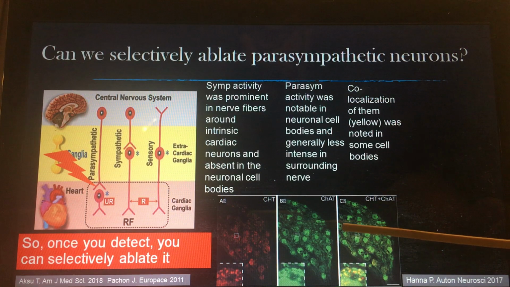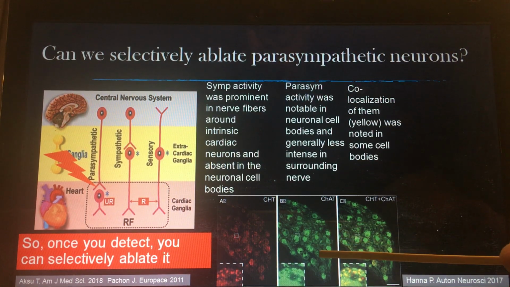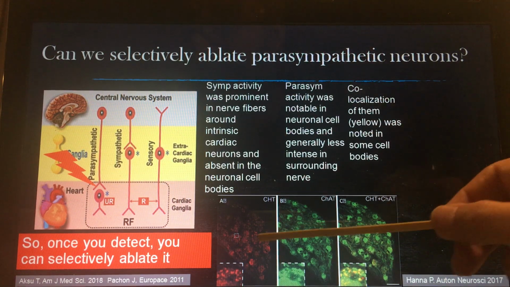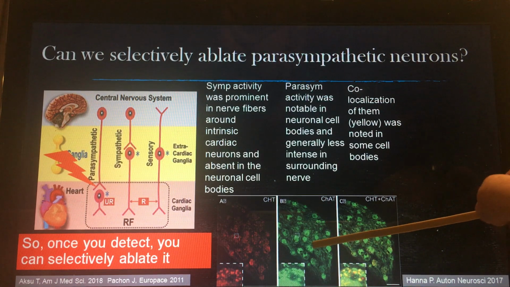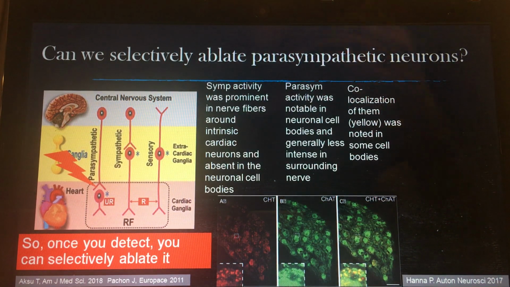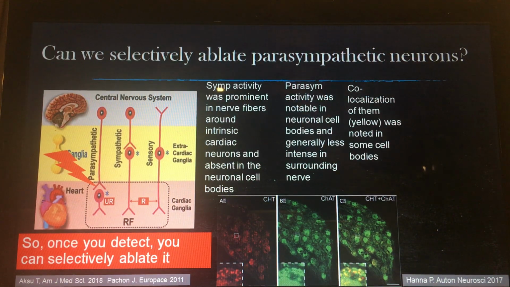Recently, this paradigm was confirmed by Hanna et al. from Shiv Kumar's team, and by using immunohistochemical staining, they demonstrated that in the GP site you can only see neuronal bodies of the parasympathetic system. And as another piece of anatomical knowledge, we know that neuronal bodies cannot be regenerated after any damage.